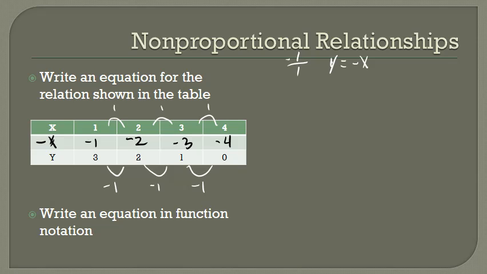And so when I discover that, what I want to do is I want to see, okay, well, is there a common difference between this -x and the y? Well, the difference between -1 and 3 is 4. Yep, 4.